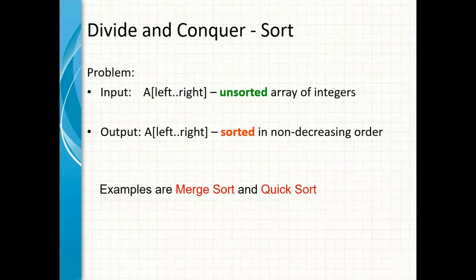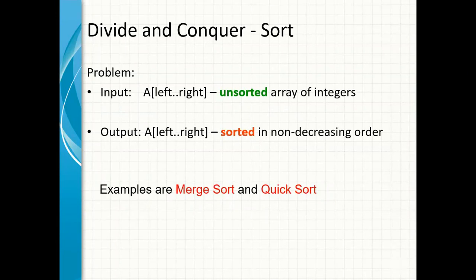To make it simple, it is an array of integers, and the expected output will be a sorted array in non-decreasing order. So when we talk about divide and conquer, it gives you 2 very important applications in sorting. They are merge sort and quick sort.